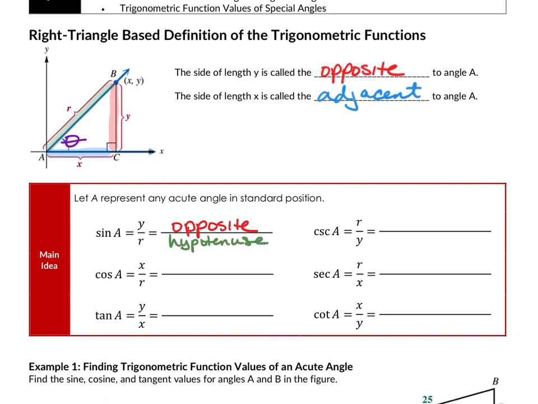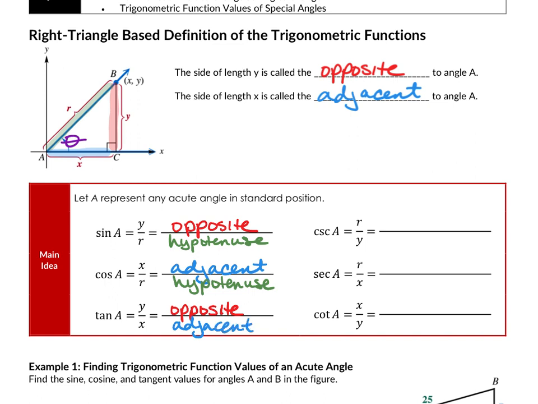And for cosine, since it's x divided by r, that would be your adjacent divided by hypotenuse. And last but not least, tangent would be y over x, which we have renamed as the opposite over adjacent.